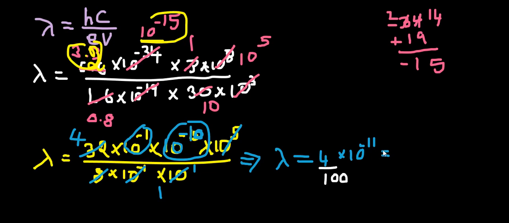That is 100 into 10 square, which produces 0.04 into 10 power minus 9.